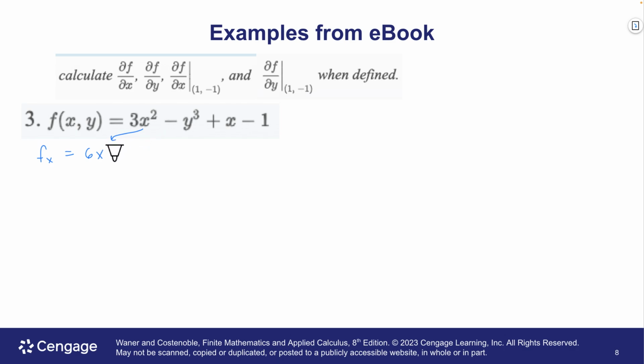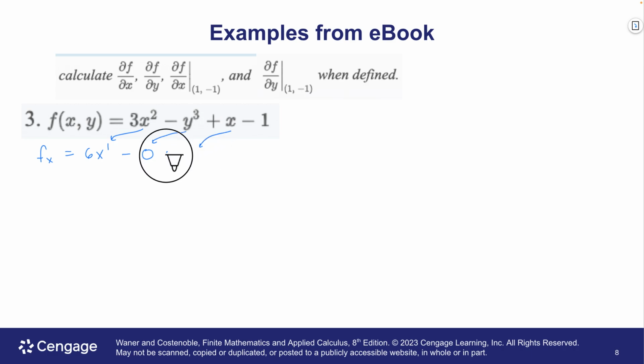Subtract 1 from the exponent, and we get 1. That's the derivative here. When we take the derivative of y, it's a constant because we're holding y constant as we change x. So the derivative of a constant is always 0.